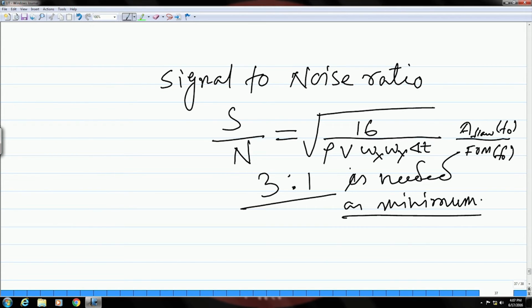Okay, so, these are the parameters which control the signal to noise ratio or the detectability of a defect.